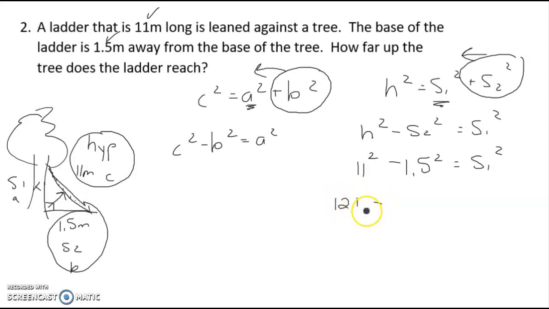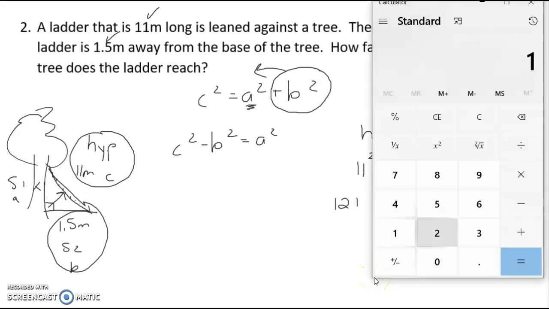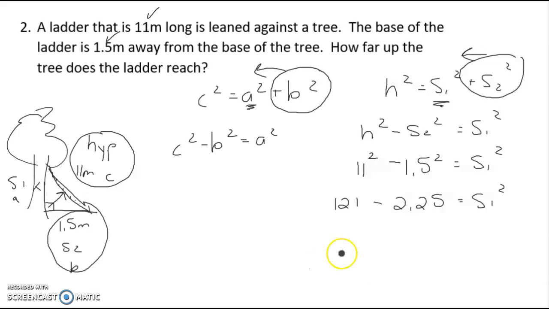Subtract 1.5 squared, which is 2.25, equals side 1 squared. So now we can do 121 minus 2.25, and you get 118.75. So 118.75 equals side 1 squared.